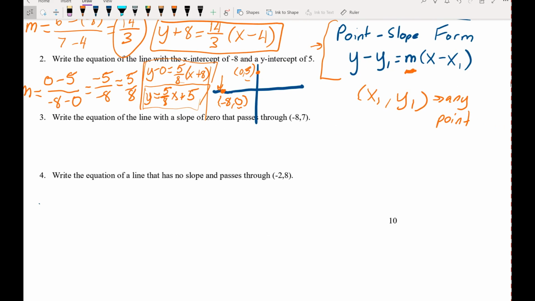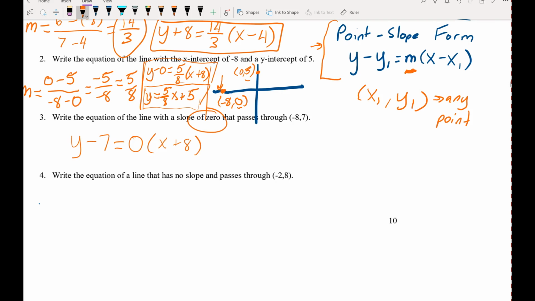So for number 3, write the equation of a line with a slope of 0 that passes through the point (-8, 7). Well, they gave us the slope and a point, so we could just plug into the point-slope form here. So y minus 7 equals a slope of 0 times x minus a negative 8, which becomes plus 8.